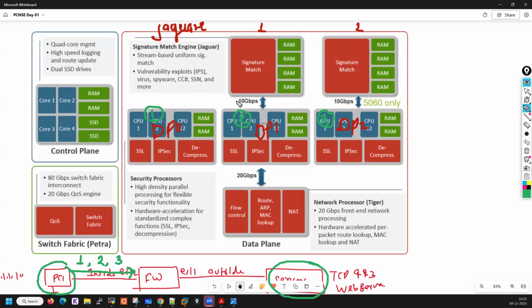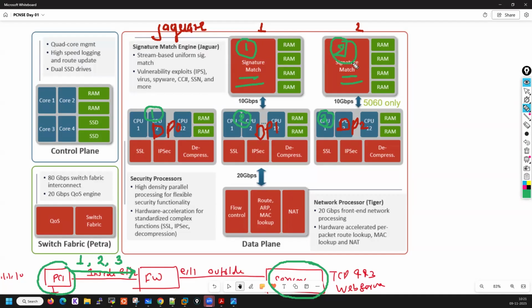We have a parallel architecture kind of thing at the security processor itself in high-end boxes, right? Then we have two signature match processors. Maybe one packet's app identification is happening here, maybe for the second packet it's happening here, right?